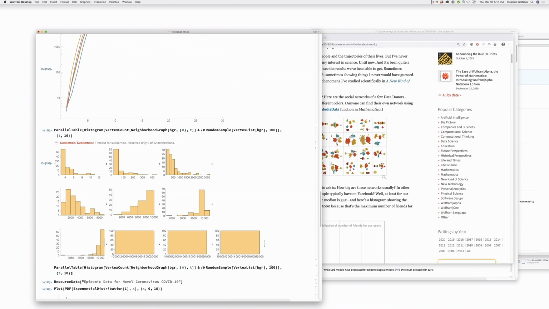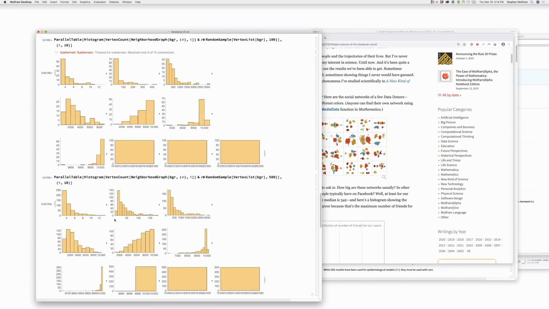But let's just try if we have like 500 samples there, and see whether that makes a difference to what we see. But this says it really matters. It's kind of interesting with respect to what one knows about what happened in Italy, for instance. It seems to really matter where you start from in the network, right?